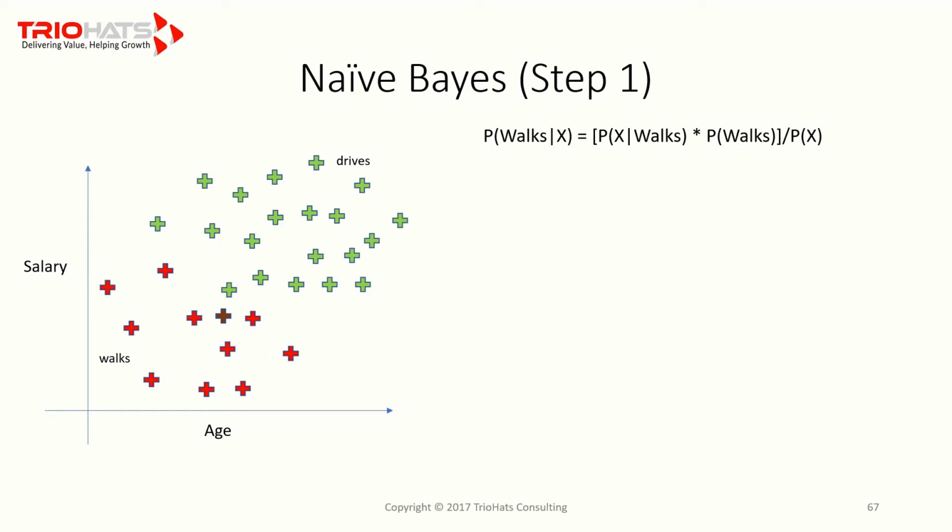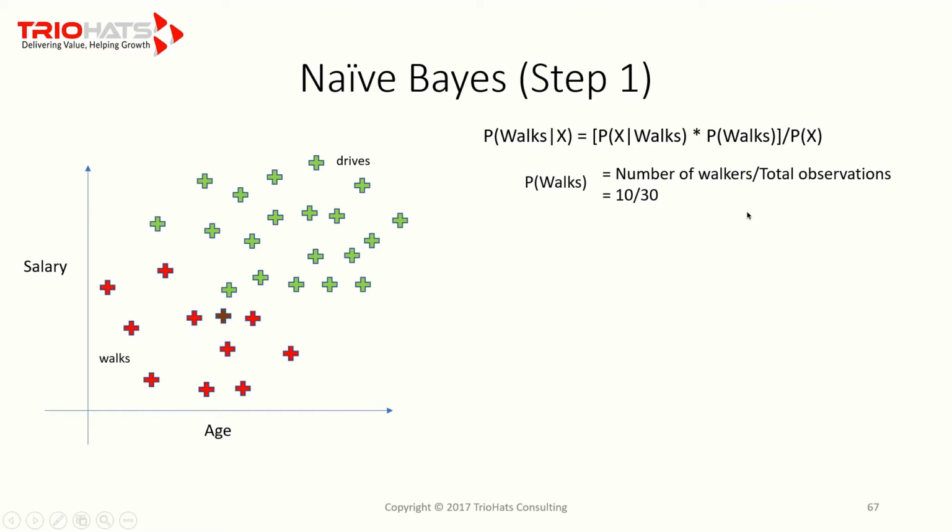So now we'll move on with step 1. Step 1 has this formula. First of all, we calculate the probability of the walking class. So the probability is the number of walkers, that is 10. There are 10 walkers: 1, 2, 3, 4, 5, 6, 7, 8, 9, 10. This is a new data point.